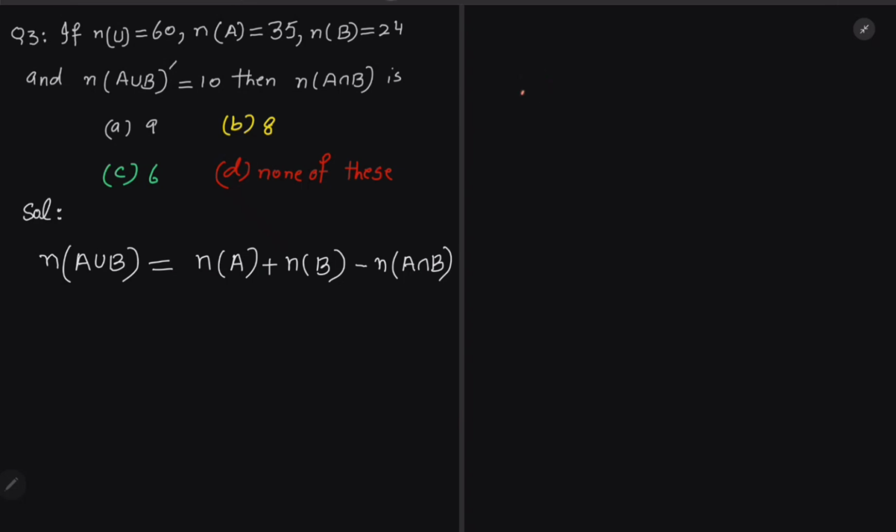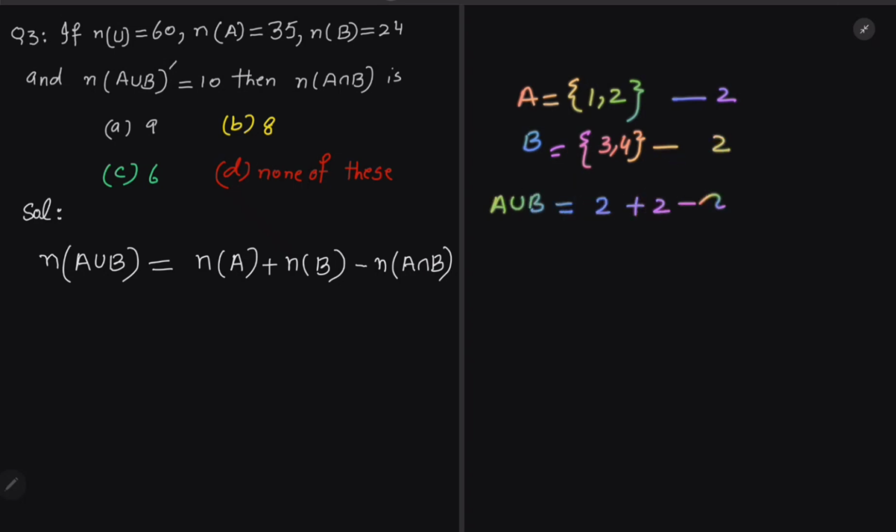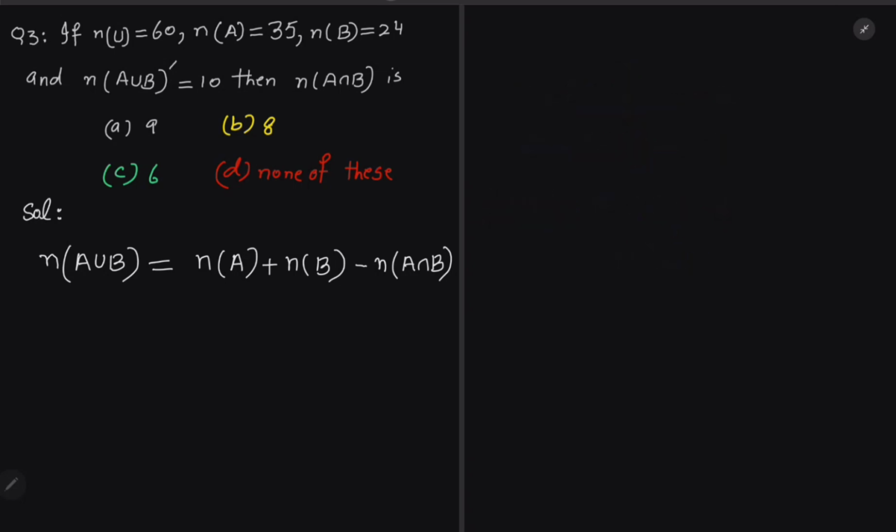Suppose A is equal to {1, 2}, it has 2 elements. B is equal to {3, 4}, it has 2 elements. So A union B will be equal to 2 plus 2, which is equal to 4. So this is the cardinality. But sometimes if we have 3 common, then you have to subtract that, which will be A intersection B. Take that common and subtract that value from there, so you do not overcount.